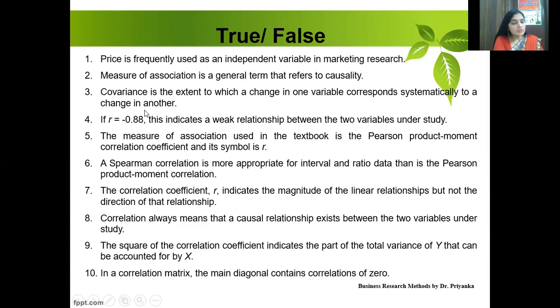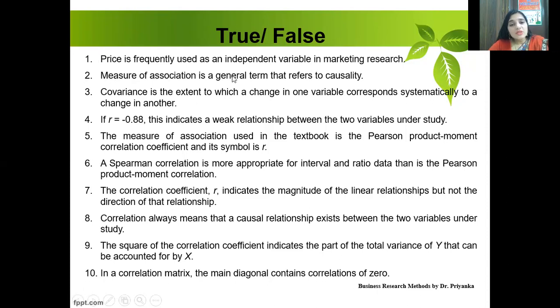Let us discuss some true or false. Number one, price is frequently used as an independent variable in marketing research. Is it? Yes, whenever you do any marketing research, price is frequently used as an independent variable because we are trying to check whether price is affected by any variable and to what extent. That is why it is a dependent variable. So true.